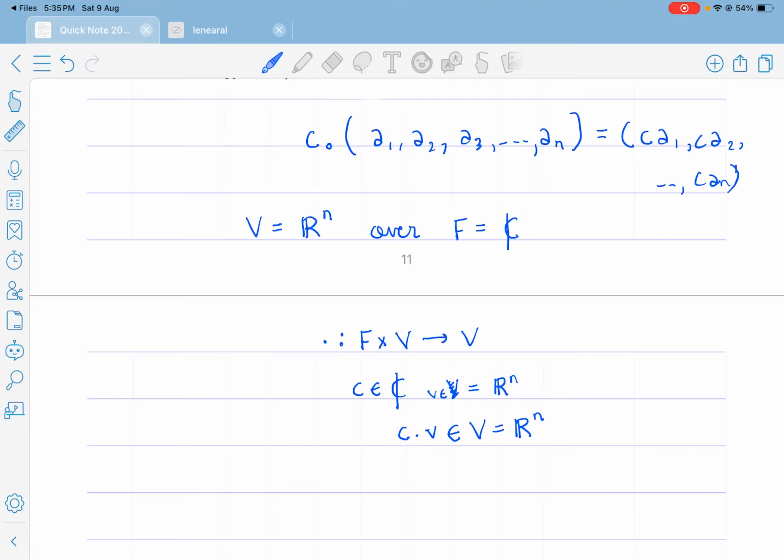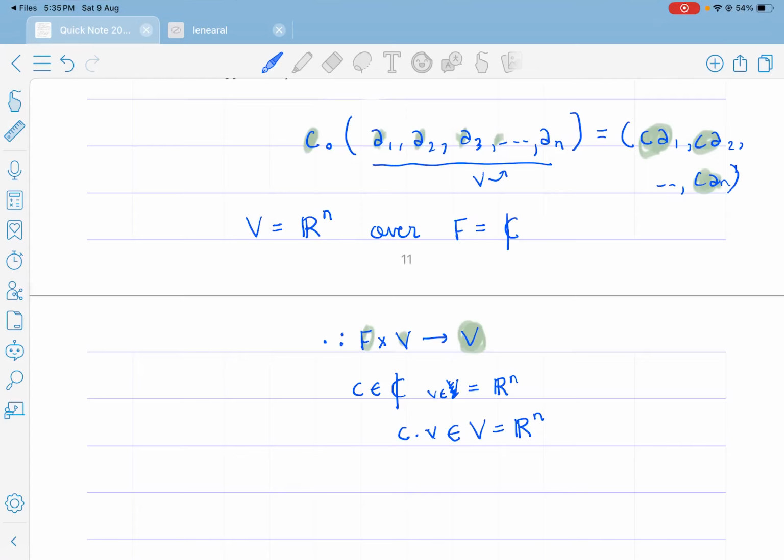But if c dot any vector v, where c is a complex number and the entries are all real numbers, you will get c a1, c a2, and so on, and it may not always be a real number. All of these entries should be real, but we may not get real numbers. So this dot doesn't take these two things into Rn. So this is not a vector space.